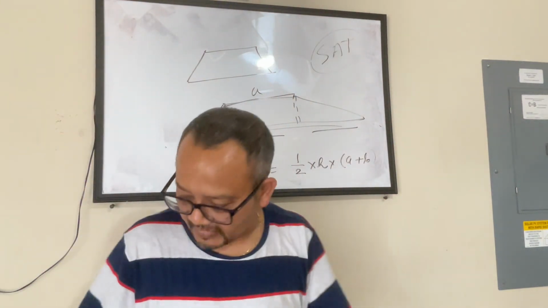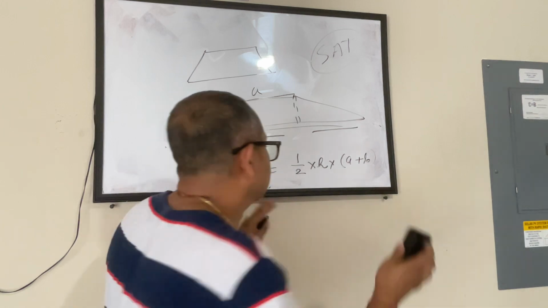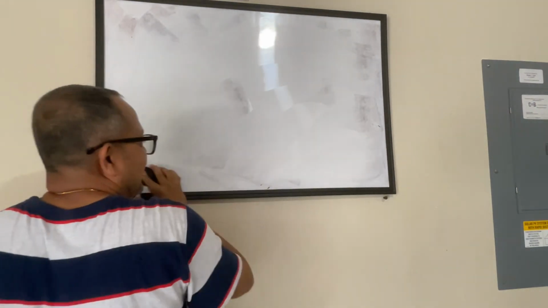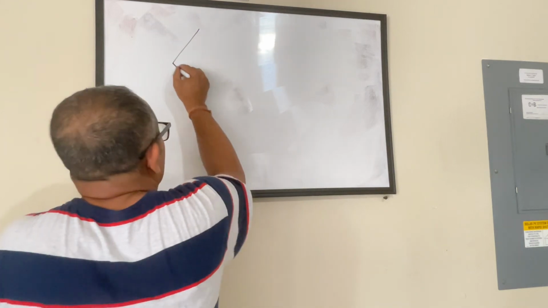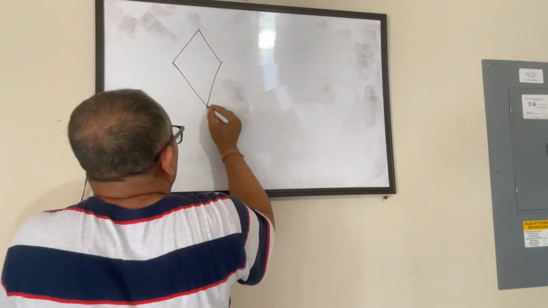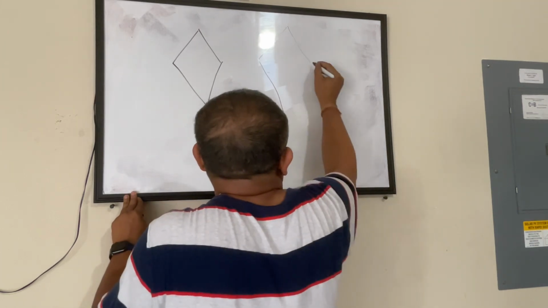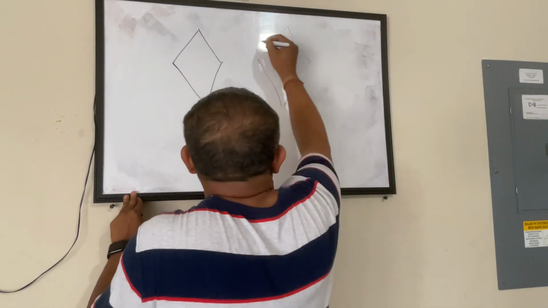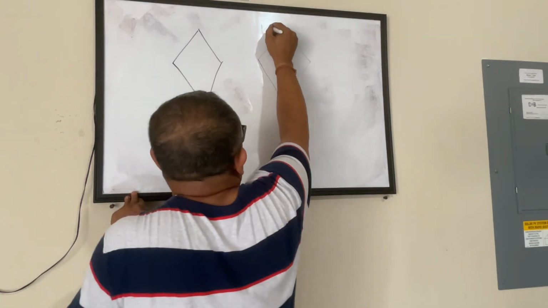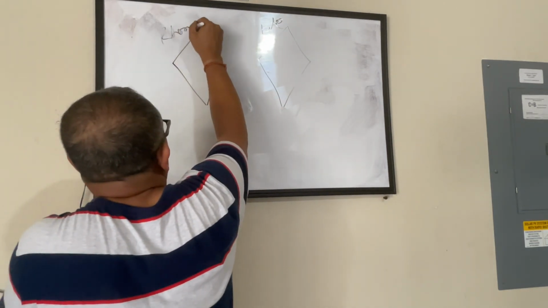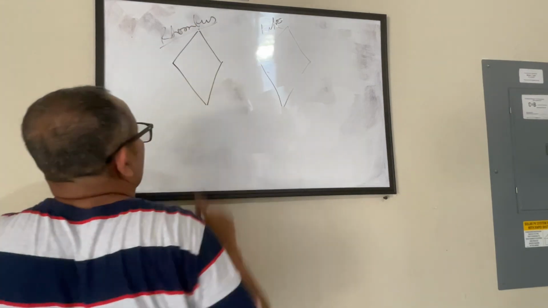Now, let's solve two problems quickly just to ascertain that what we have learned, we have actually digested also. Let's find out the area of, now I have to give a name, okay? This is a kite, right? Because my drawing skills are not great. This is a rhombus.